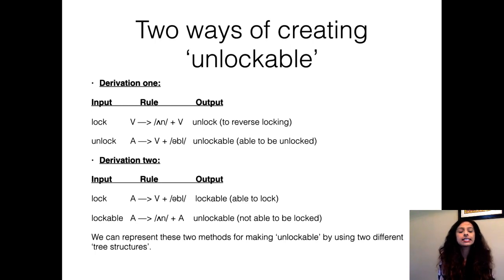So in the first case, I have shown you that you first attach the prefix un, so you get unlock, and then you attach able to it, meaning able to be unlocked, right? And then with the second derivation, you can see you take the root form of the word lock and then you attach able to it to create lockable, and then you attach un onto it to create unlockable.